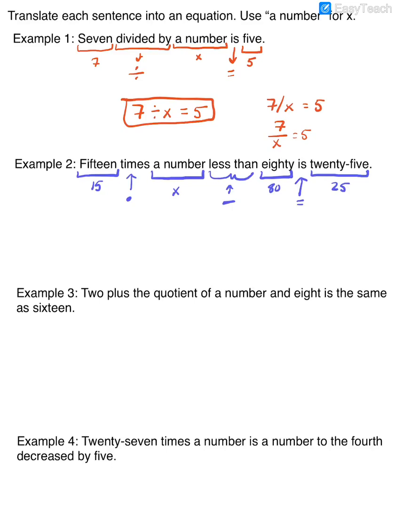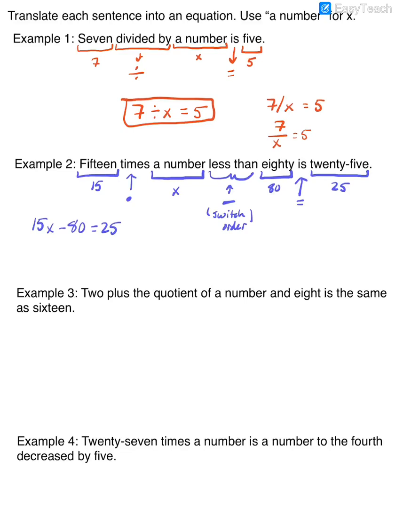which is subtraction. Now, another thing to note with the word less than is you switch order there. Okay? So normally you would probably think 15 times x, so 15x would be minus 80 equals 25.